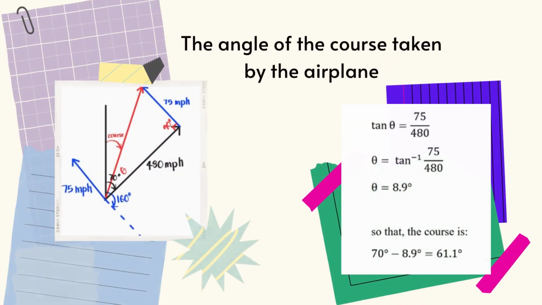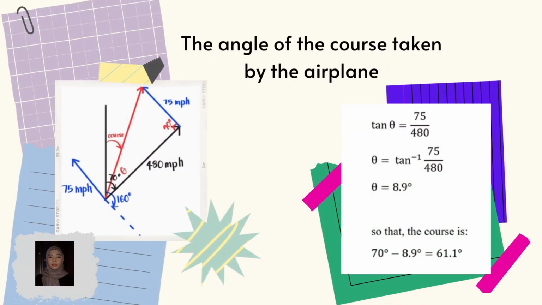In the right triangle, the tangent of theta is the side opposite over the side adjacent. So it's 75 over 480. Tan theta equals 75 over 480. So theta is the inverse tangent of 75 over 480, which is approximately 8.9 degrees.